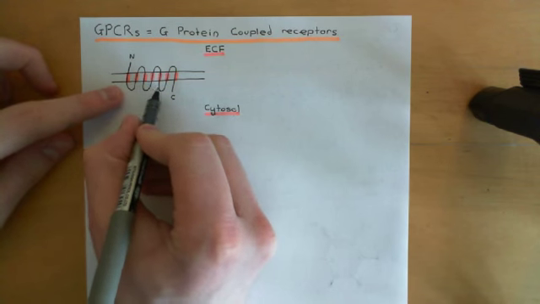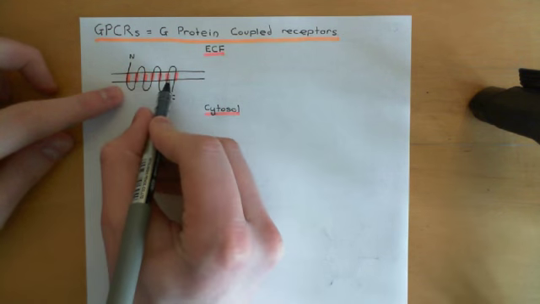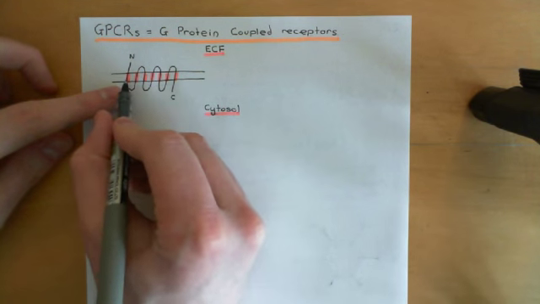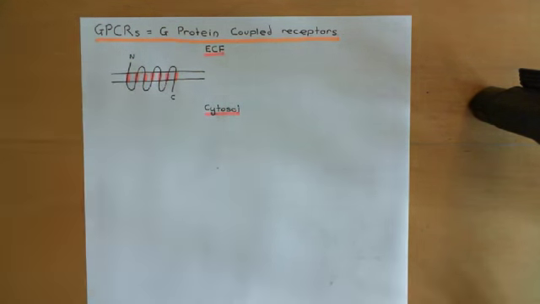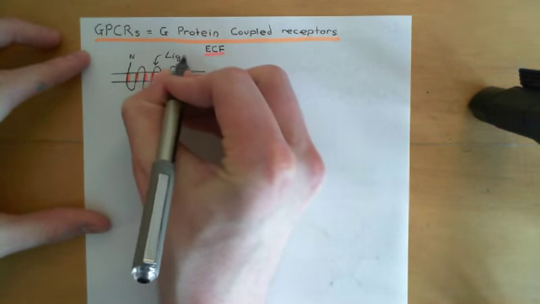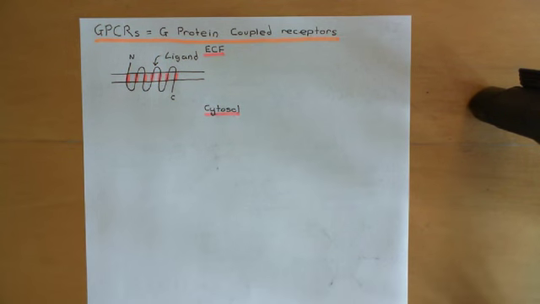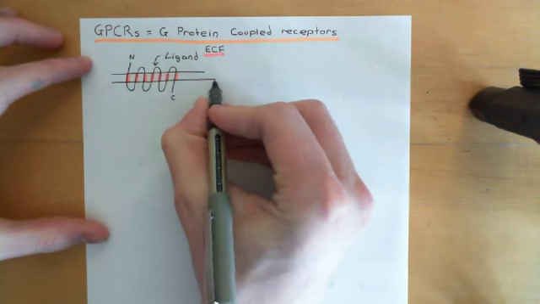So in these 3 loops here on the intracellular aspect and also on the intracellular portions of the membrane spanning alpha helices. So you get this conformational change on the intracellular aspect of the G protein coupled receptor when the extracellular ligand binds to it on the extracellular side. And this now allows the G protein coupled receptor to interact with heterotrimeric G proteins.